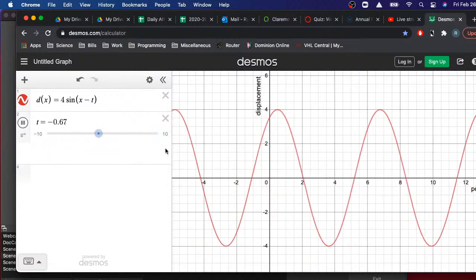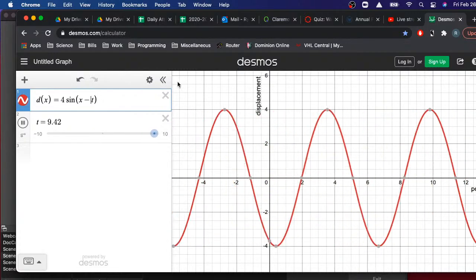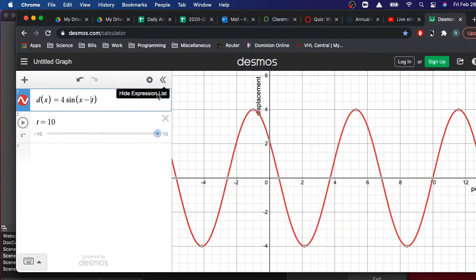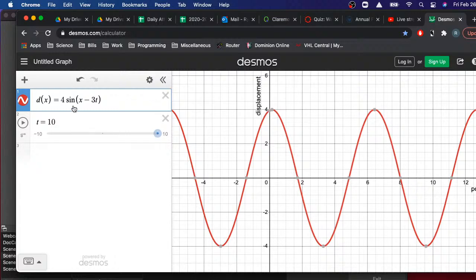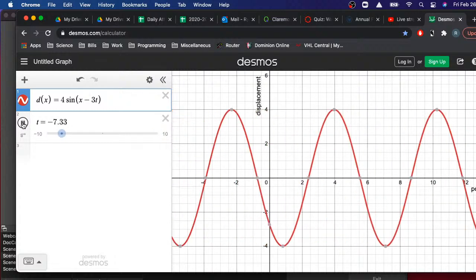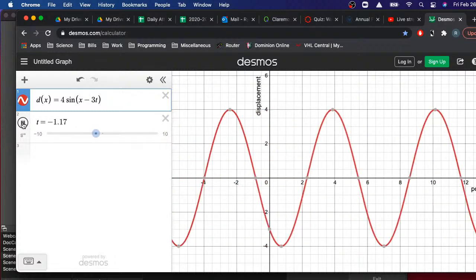Okay, cool. Now, what if I make the shift bigger? So now it's maybe 4 sine of x minus 3t. In this case, the shift increases faster with time. So basically that translates to a wave that's moving faster.